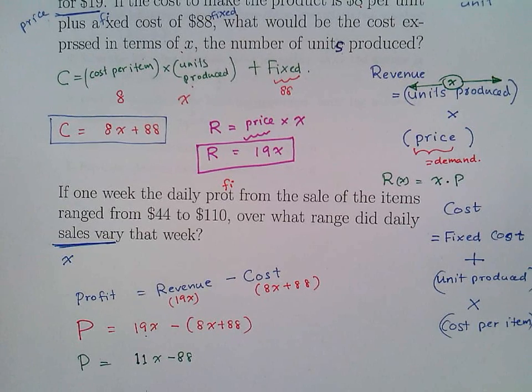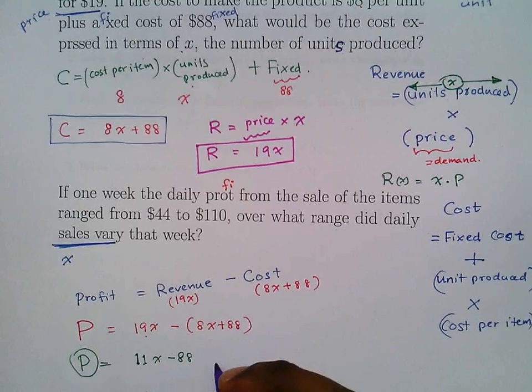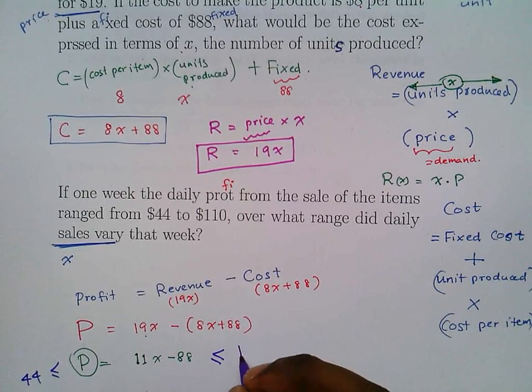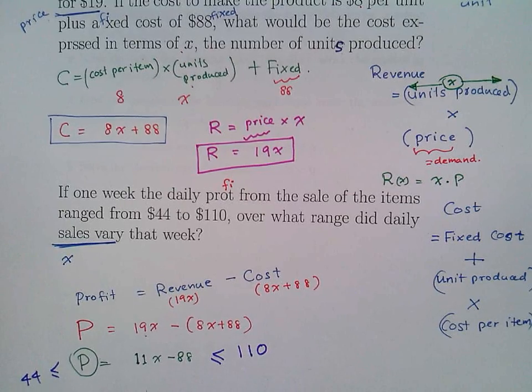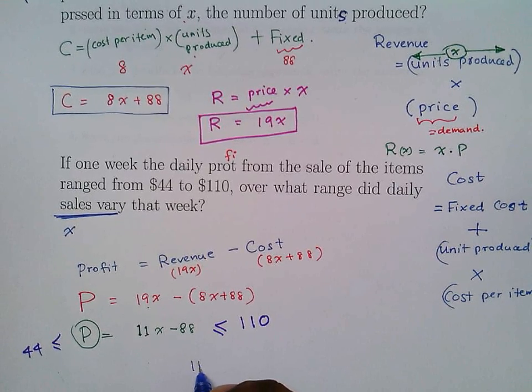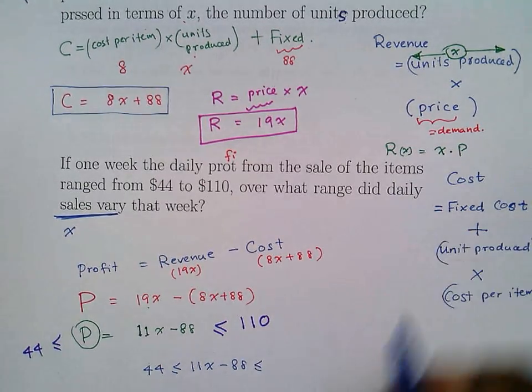And it says if in 1 week the daily profit from the sale of the items ranges, so this thing ranges, that would be in between 44 and 110. So you will have this inequality, and they are asking over what range did the daily sales vary.